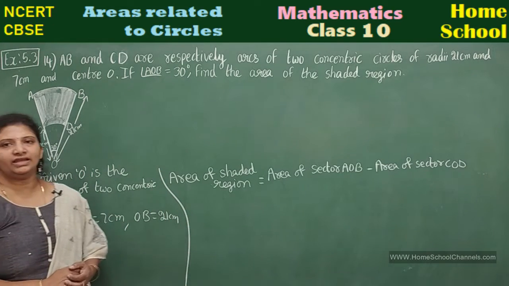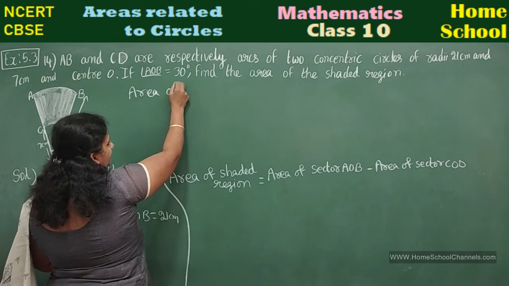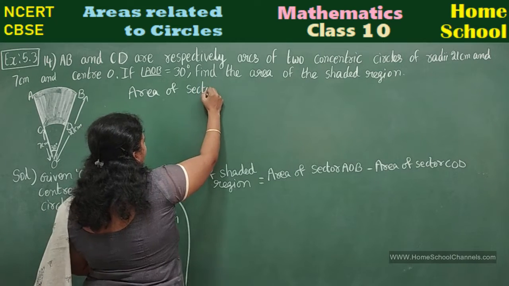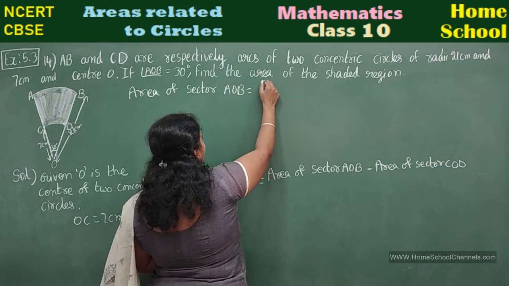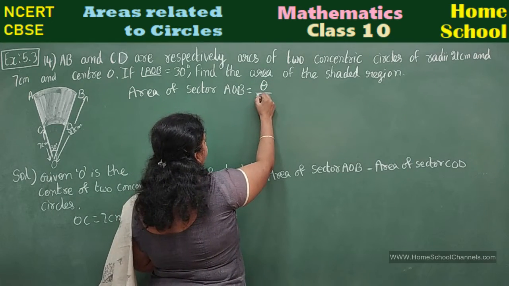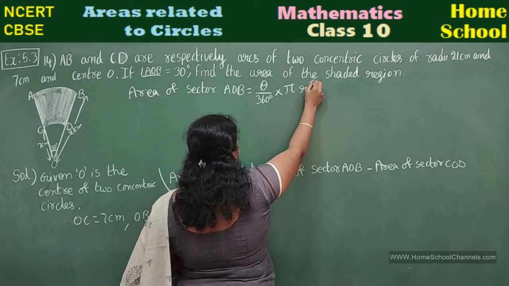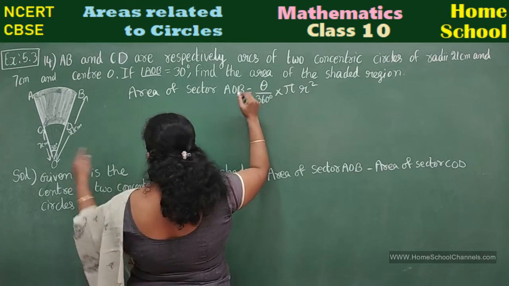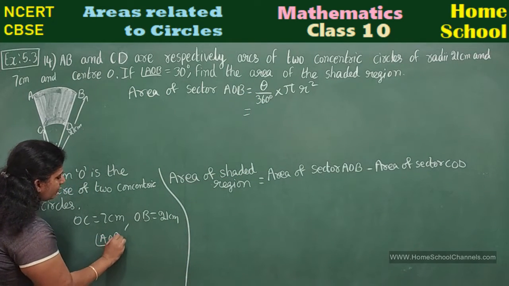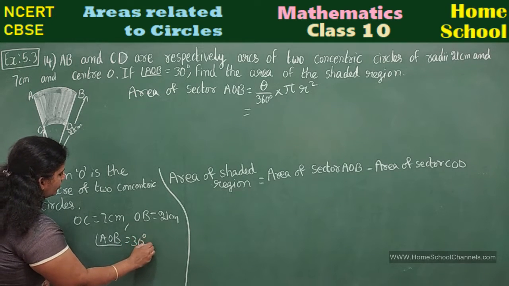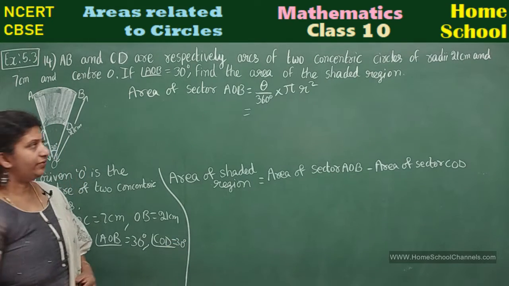First, we are going to find the area of the big sector, that is area of sector AOB. Area of a sector formula is theta by 360 degrees into pi r square. Theta angle is also given, right? Angle AOB is equal to 30 degrees. If you want, you can write angle COD is also equal to 30 degrees, right?